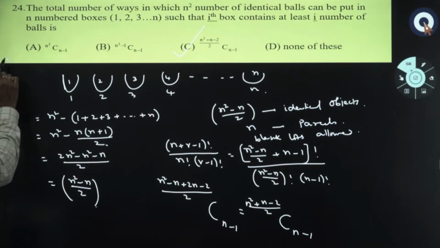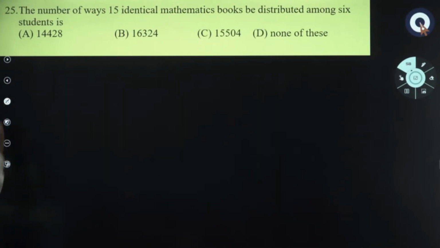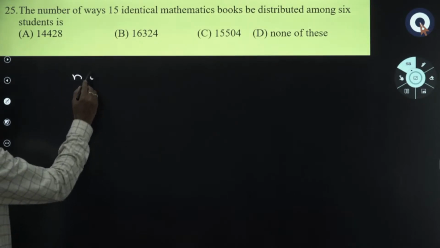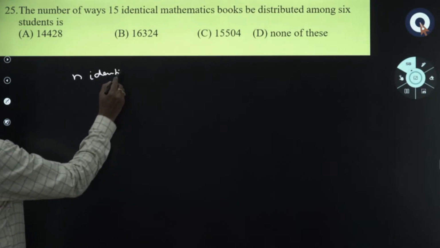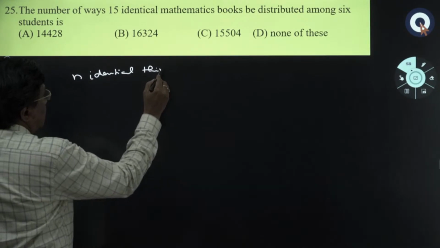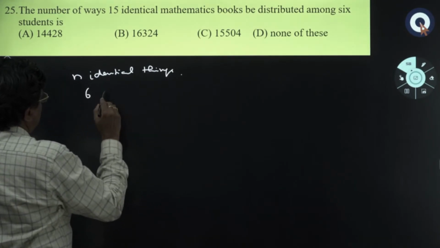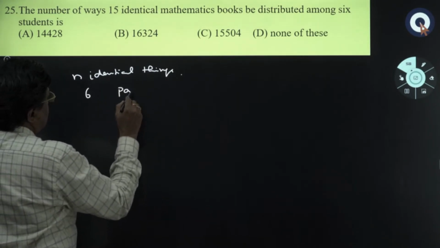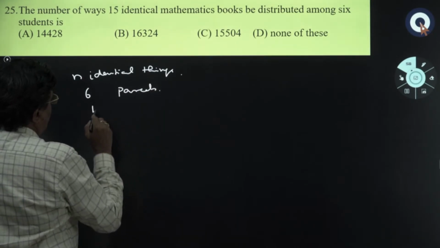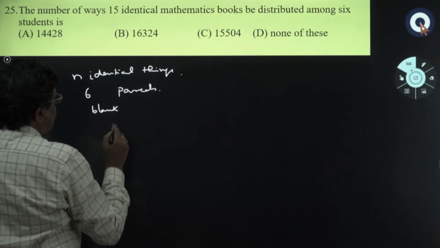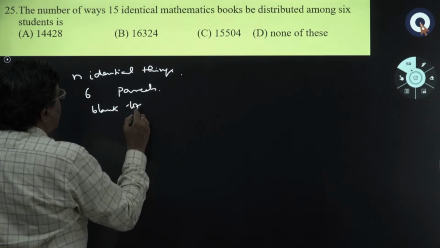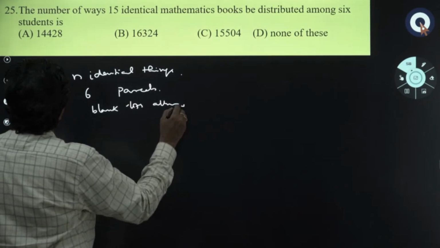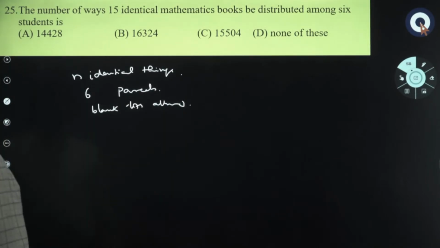Okay, then you can pause the video and copy it. I'll go to the next one. The number of ways in which 15 identical mathematics books can be distributed among 6 students. So n identical things, 6 people, one book and all. Blank lots allowed. Again the same formula: n identical things or parcels, blank lots allowed.